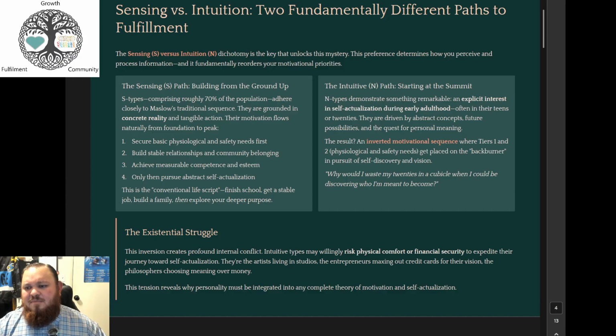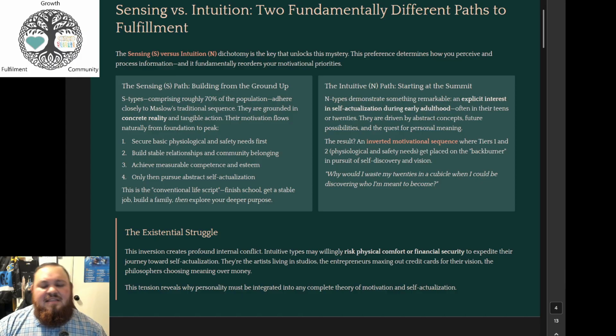So we have an inverted motivational sequence where tier 1 and tier 2 are thrown out the window, and they're looking for their self-actualization earlier in their life. They can disregard the other two needs by Maslow. It says here, why would I waste my 20s in a cubicle when I could be discovering who I'm meant to be? So looking at this, we have here the existential struggle.